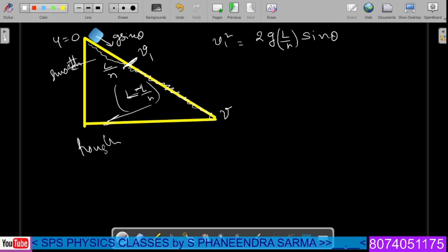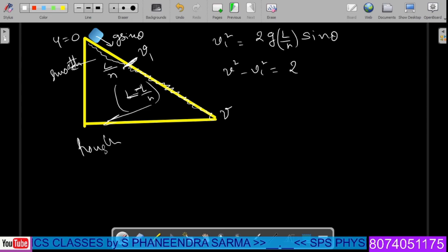This is the remaining distance traveled on the rough surface. When the object travels on the rough surface, the final velocity is v. Here we simply apply the third equation of motion. That means v square minus v1 square is equal to 2g sin theta into the length, if it is a smooth surface. But it is not a smooth surface.